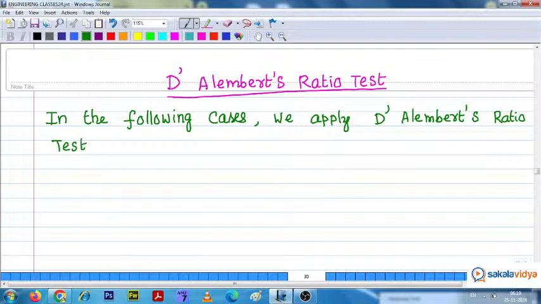So, what are the cases? The first case is when the nth term of the given series, generally written u_n, contains factorial terms.